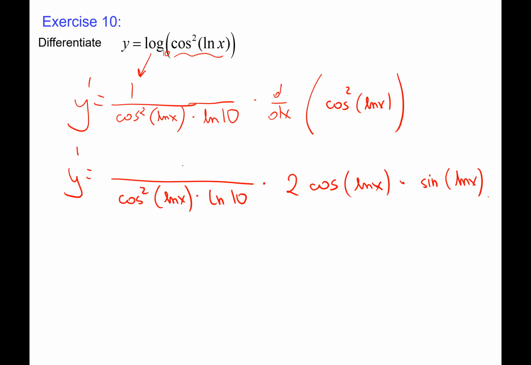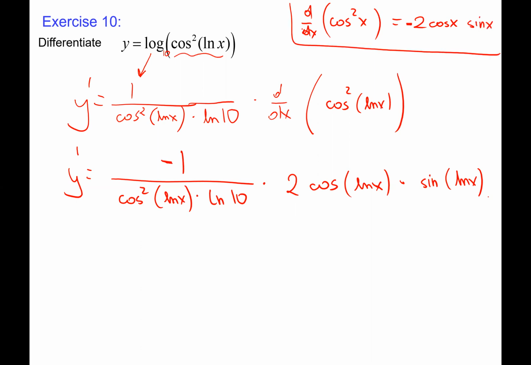Just for you to have, the derivative of cosine squared of x is 2 times cosine times negative sine of x.